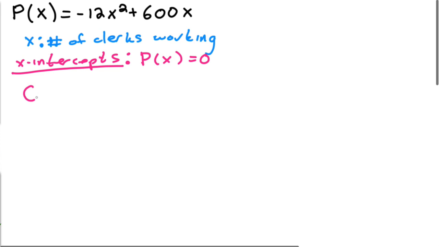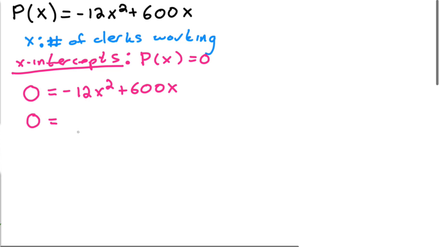So I just replace p of x with 0, and I'm going to solve this quadratic equation: 0 equals negative 12x squared plus 600x. The easiest way to solve this equation is by factoring.